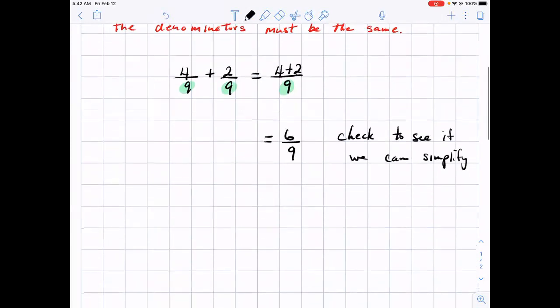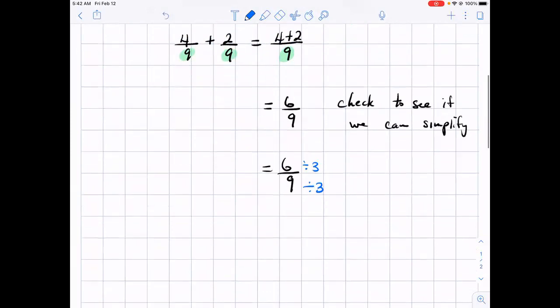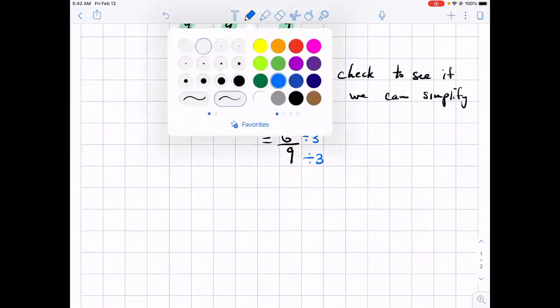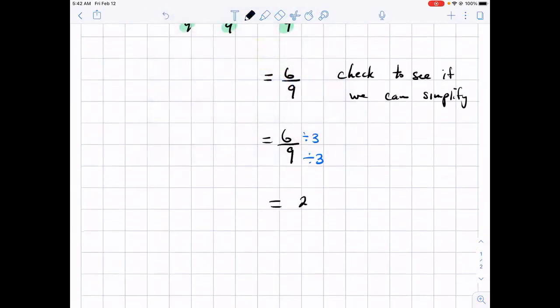So if you notice 6 over 9, we can divide here by 3, and we can divide here by 3. And that would leave us with 2 over 3. And that's my simplified answer.